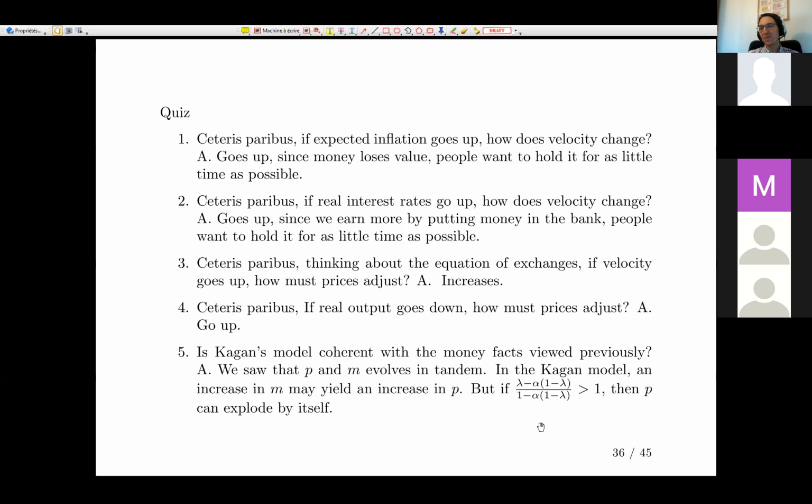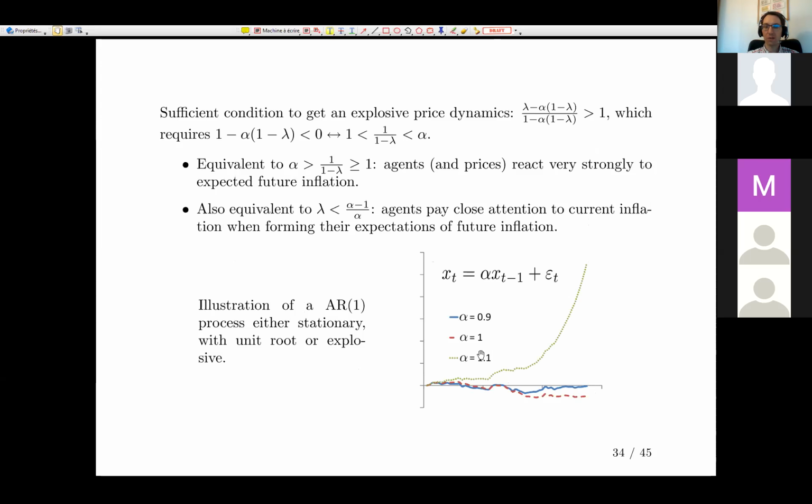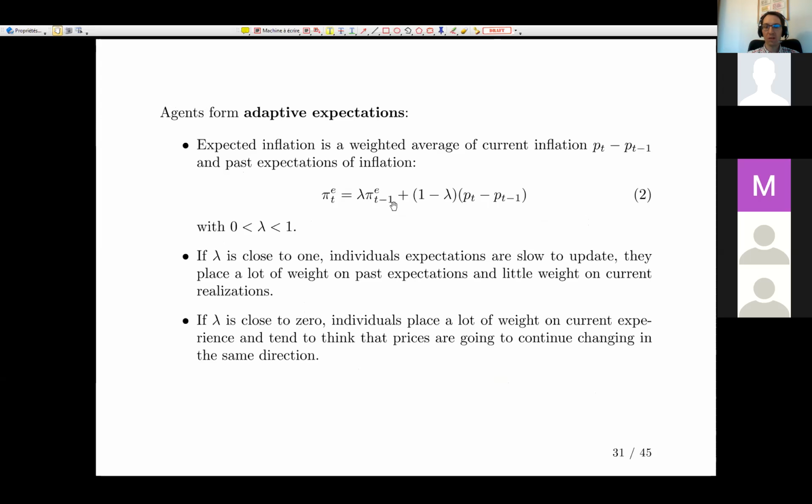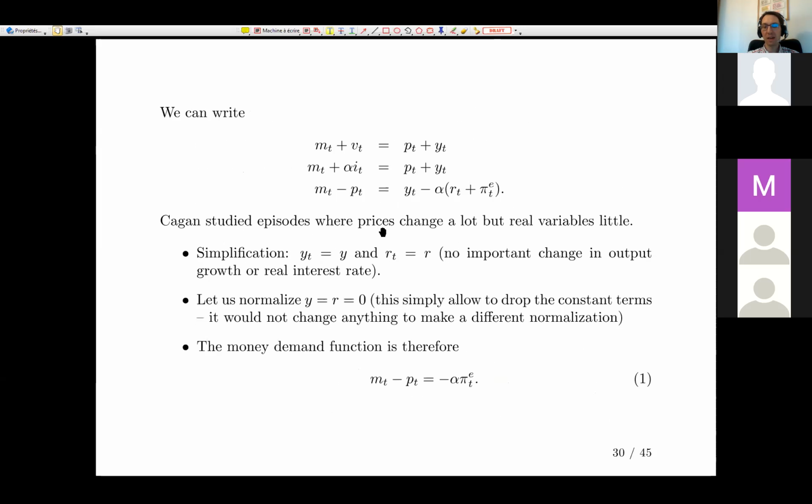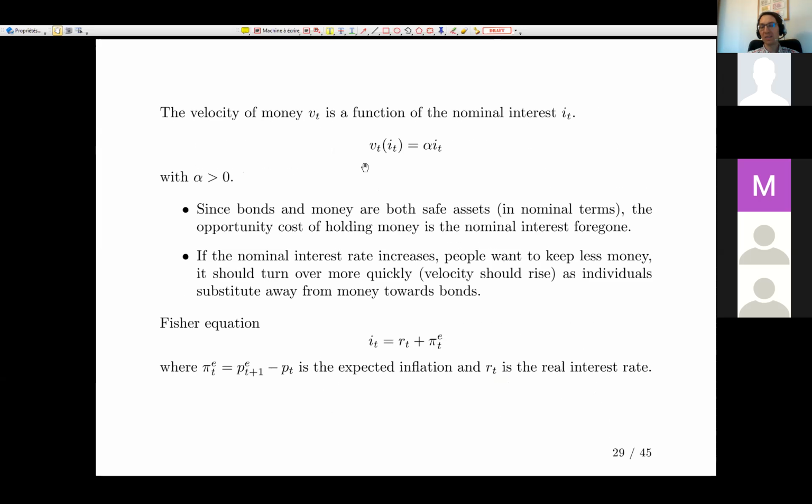So, to reassure everyone, what I will do in the exam about the Kagan model and this type of model is to give you some equations, some building blocks. I would say something like, this is the equation that describes the velocity as a function of interest rates.